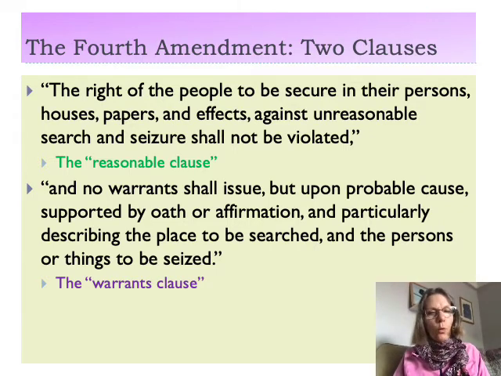Okay? So one part of the Fourth Amendment is known as the Reasonable Clause. It's telling us that people's houses, their bodies, the things that are in their houses, their papers, their personal effects, that the government can't intrude on those in an unreasonable way.